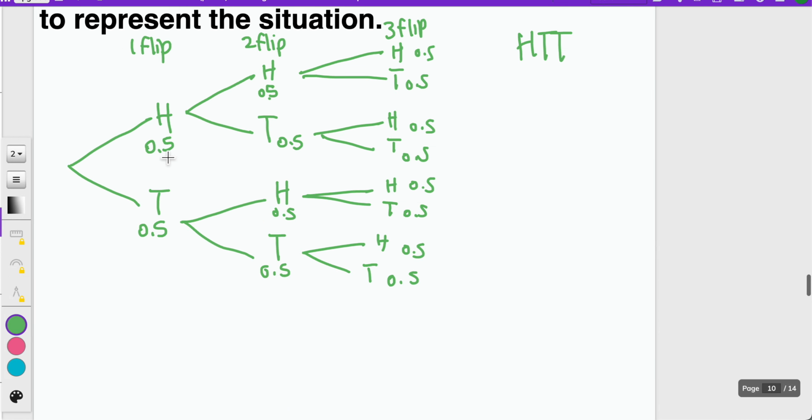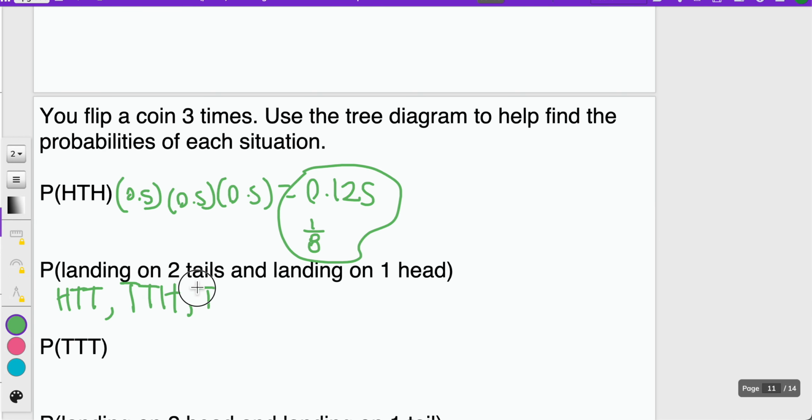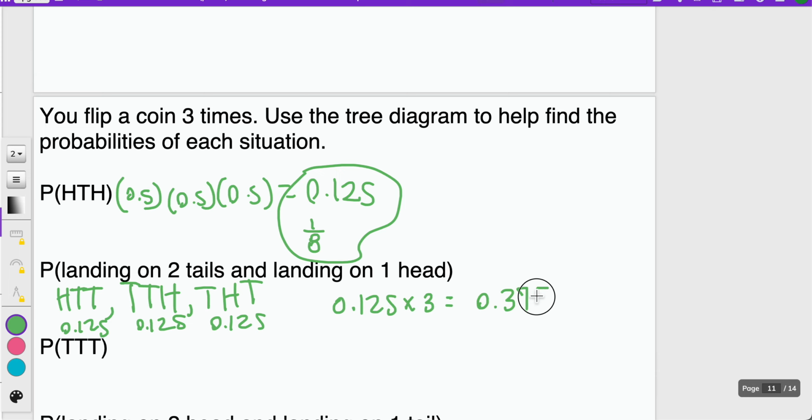And I could also do tails, heads, tails. Okay, so each one of these is 0.125 probabilities, just like I did before. So multiplying those by 3, 0.125 times 3, I'm getting 0.375.